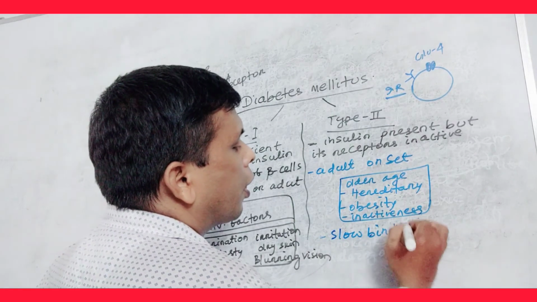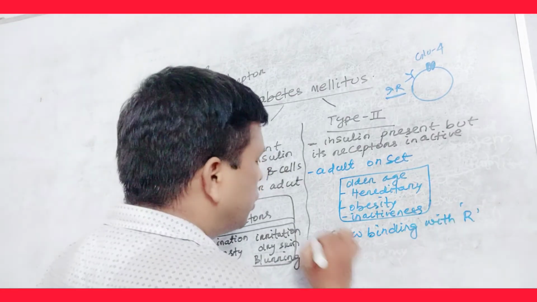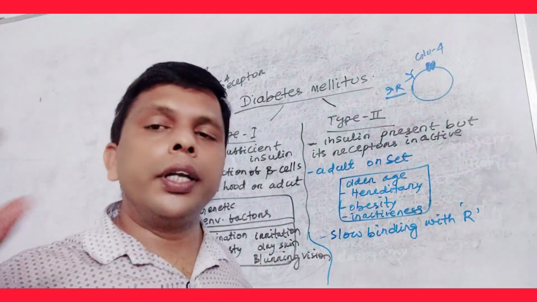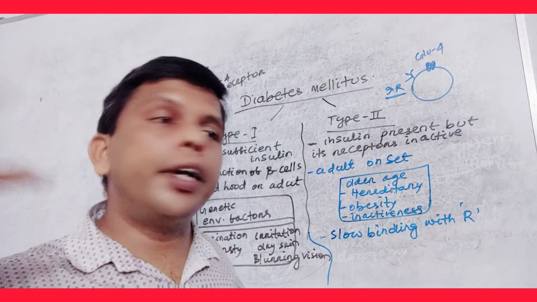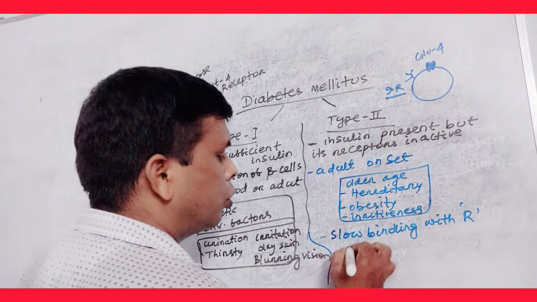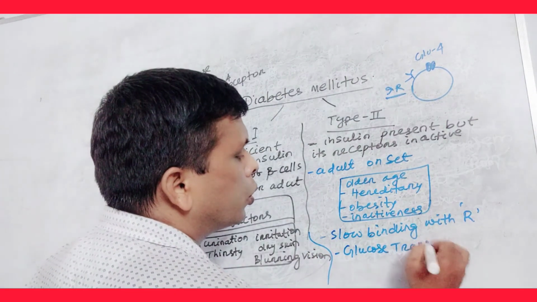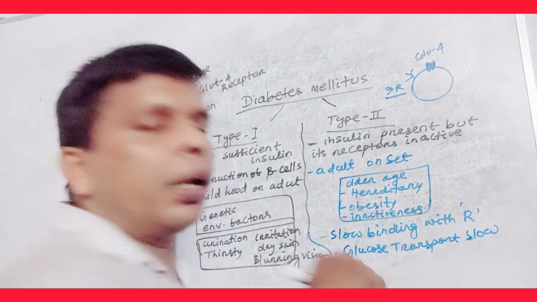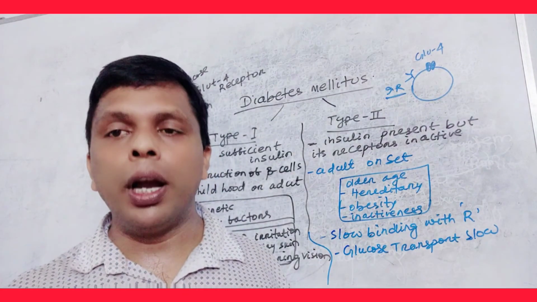So when the receptor binding is slow, the GLUT4 is also slow. It is not activated properly. So glucose transport is slow, blood glucose level increases, causing diabetes mellitus type 2.